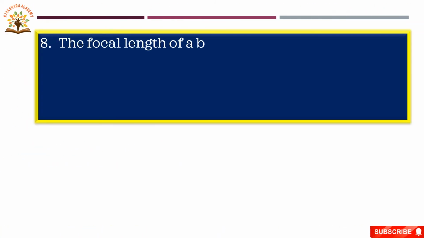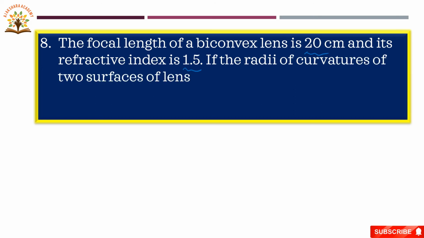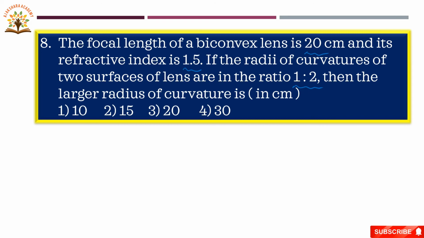The focal length of a biconvex lens is 20 cm and its refractive index is 1.5. If the radii of curvature of the two surfaces of the lens are in the ratio 1:2, then the larger radius of curvature in centimeters we have to calculate. Now let us go to the solution.